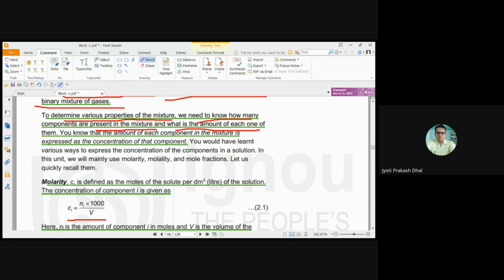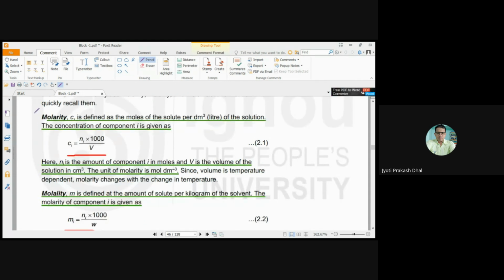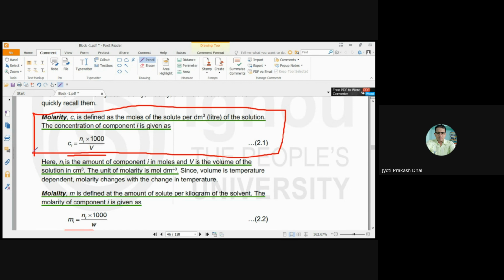In order to determine the concentration of each component, here we will discuss different concentration terms. To discuss them, first let us consider a binary solution. The first one is molarity. All these things you have studied at your intermediate level. Molarity is defined as the number of moles of solute per liter of the solution.